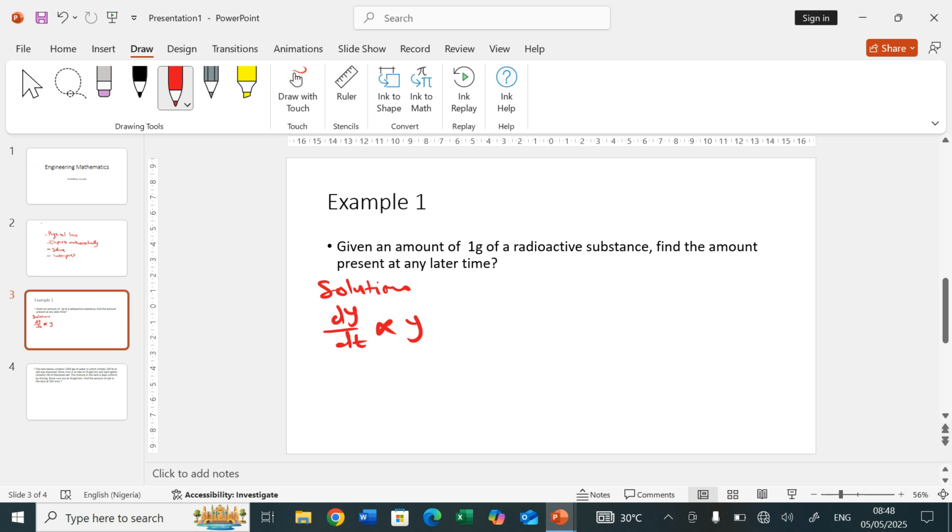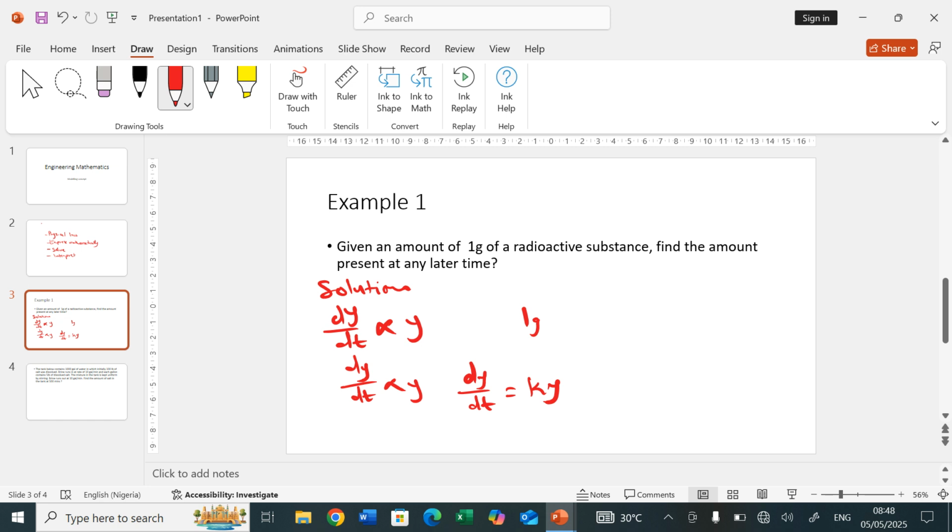So from that basis, we are given an amount of 1 gram as the initial amount. Find the amount present at any later time. To do the modeling of this, we say dy/dt, so that is the law guiding it. We express the proportionality of the variation process like that, and we can say dy/dt equals ky, where k is our proportionality constant.